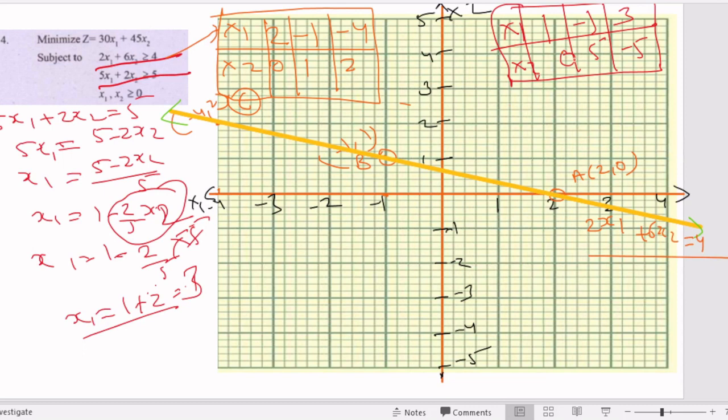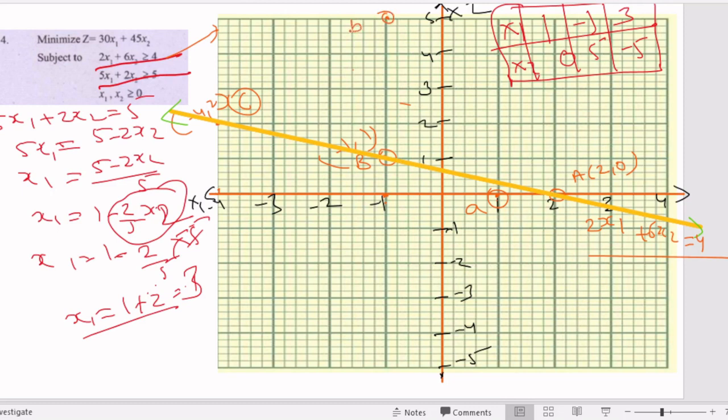What are the points? Let's plot them. The first point is (1, 0). 1 is here, 0 is here. Let's mark this as a small c. Then (minus 1, 5). Minus 1 is here, 5 is here. This is point B, (minus 1, 5).